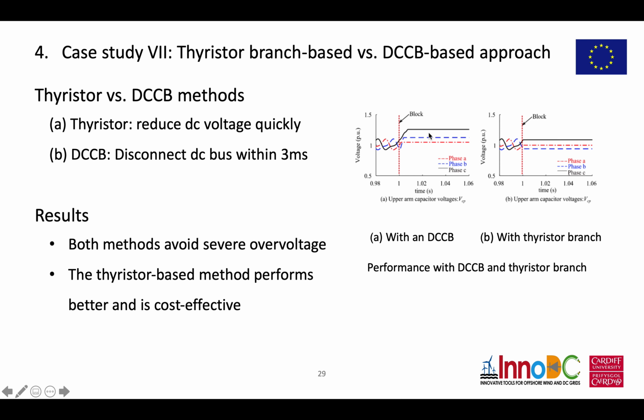From the simulation results, we can see that even with the DCCB, some submodules are still overcharged, because the operation of the DCCB normally needs 2 or 3 milliseconds, and within this period some modules will be overcharged. But with the proposed methods, since the Thyristor branch can operate faster than the DCCB, the protection performance is much better than using a DCCB.